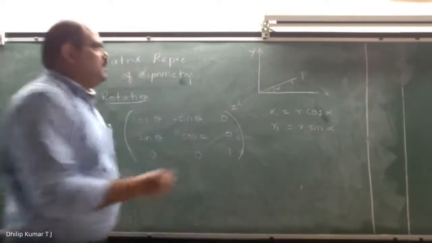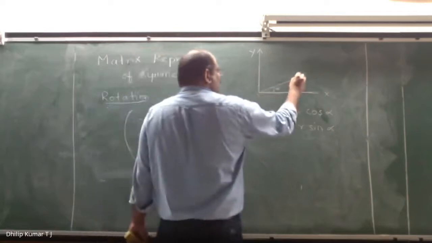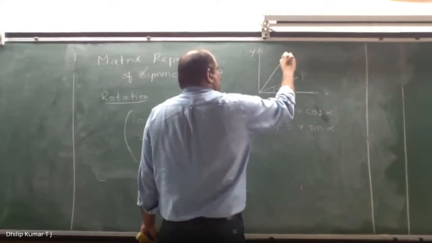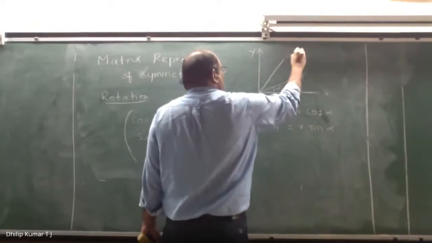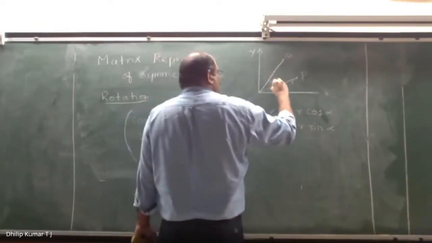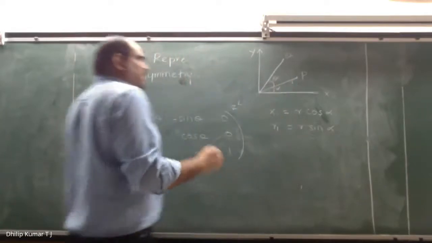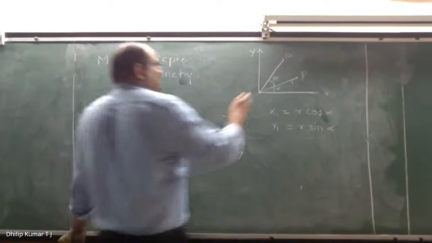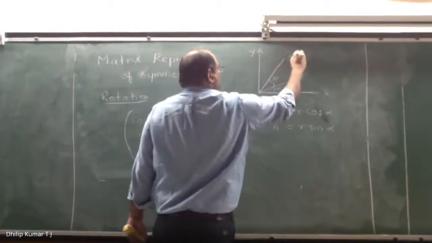Now we are considering the rotation. From point P, let us move this point to Q. It is moved by a certain angle, and this is theta. Let us move the point P to point Q by an angle theta.